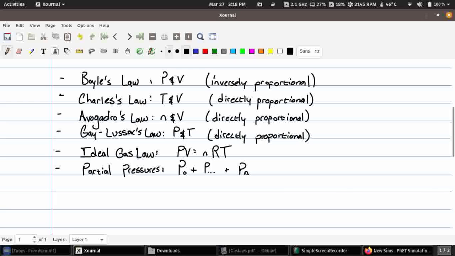But each gas is going to individually exert its own pressure within the mixture. They're not actually mixed. If you had a visualization of it, they're not combined or mixing, but they're all sharing that space in the container, so they're all pushing out on the container.